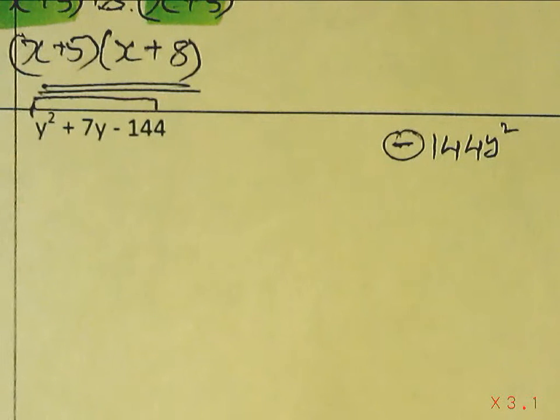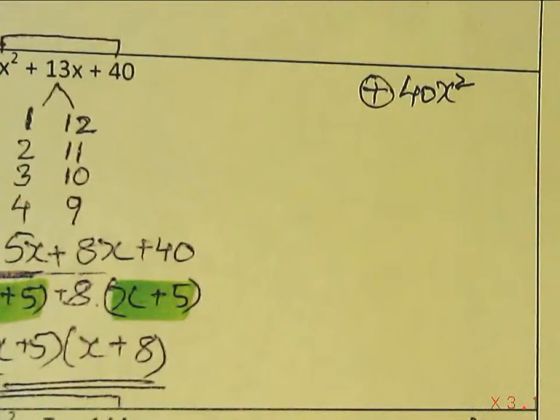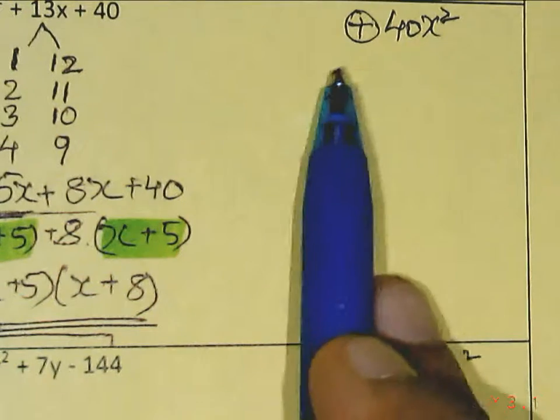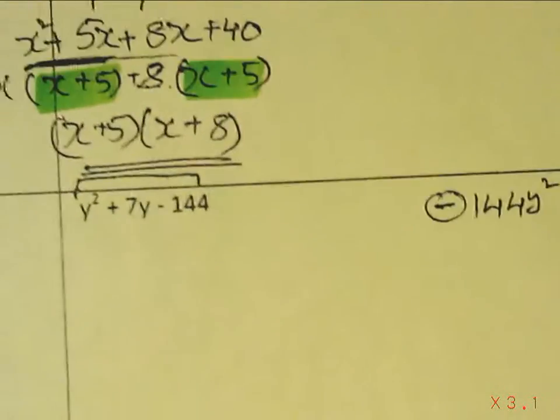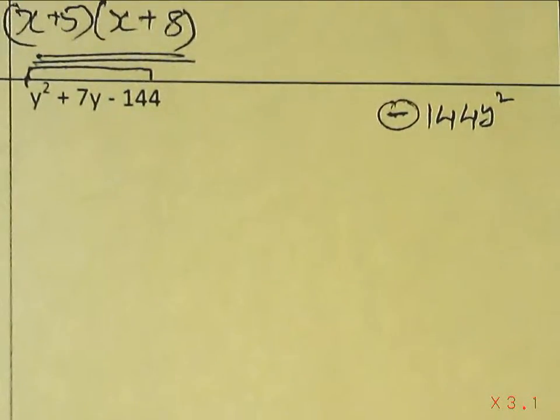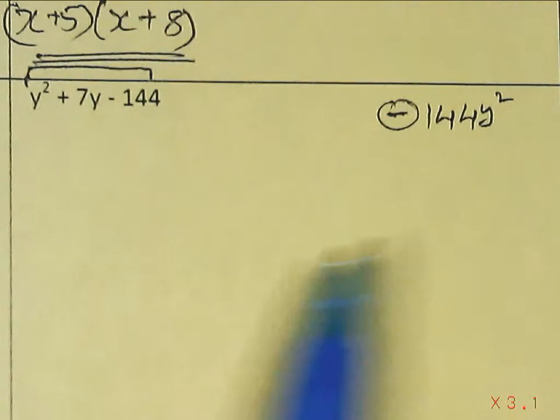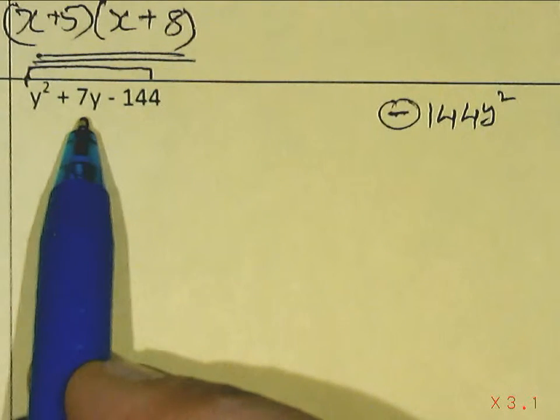What is the difference between this question and the previous question? That's right. In the previous question we got a positive sign and here we got a negative sign. So it makes a lot of difference while solving. Here, if the product is negative, take more than the middle term.